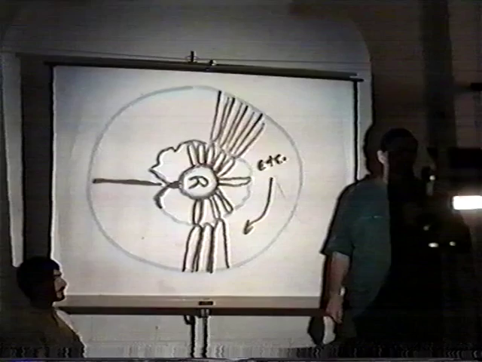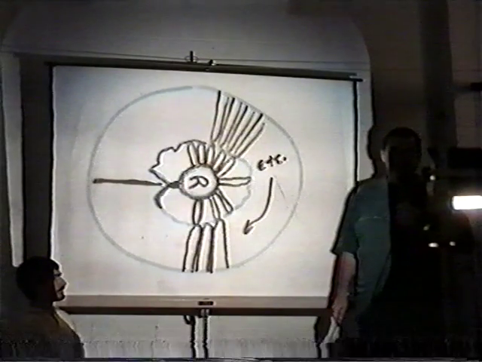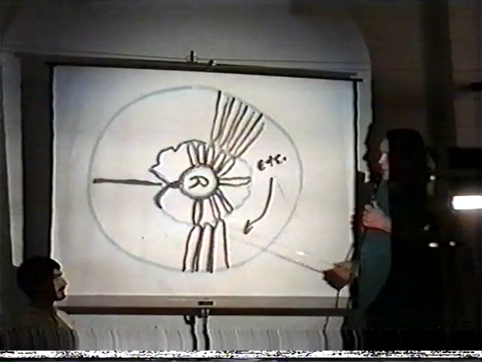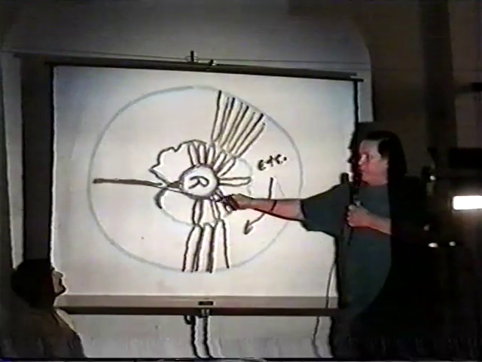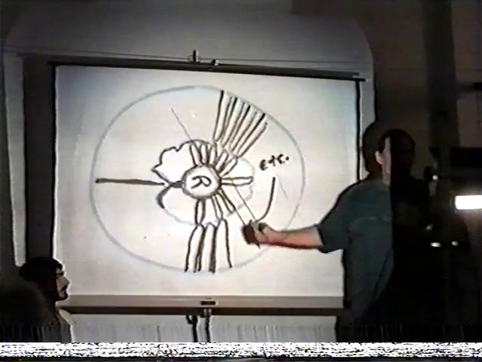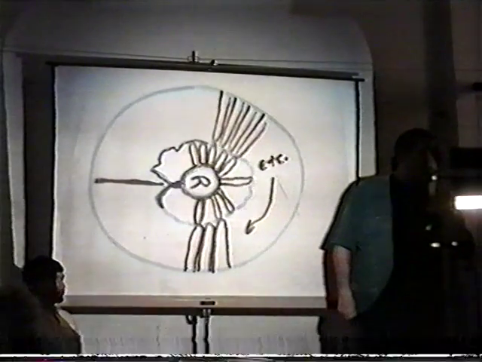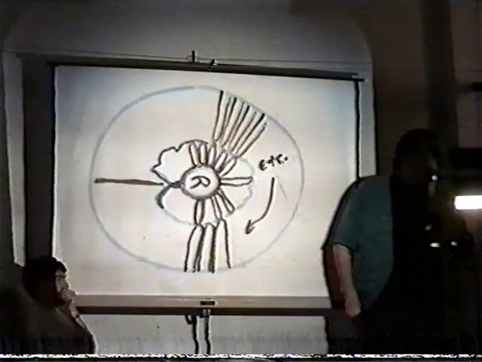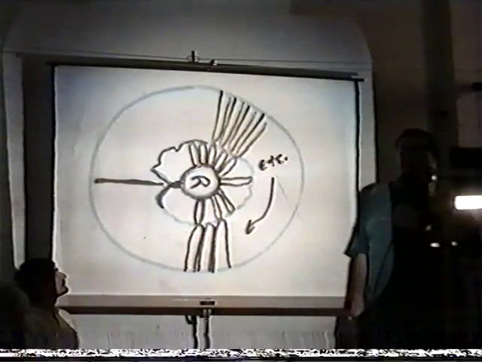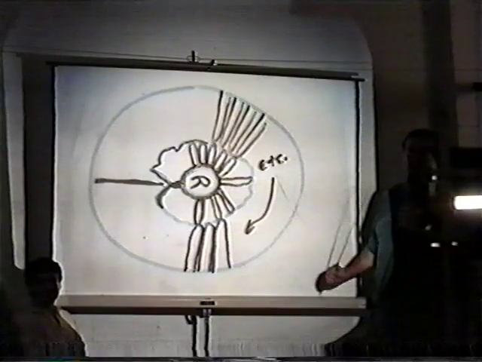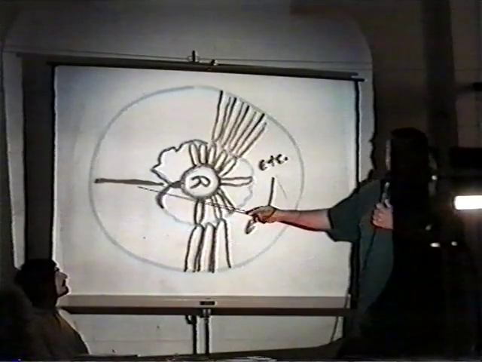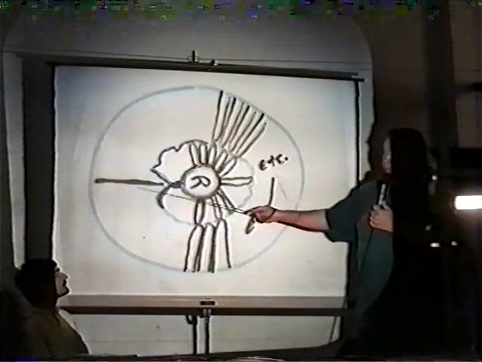It'll get shorter, and instead of being very deep, it'll get less deep until it's shallow, until it disappears entirely. And then this would represent on your iris chart the lung area, for example, maybe the lower lobe of the lung, and the problem there will begin to clear up until that stricture is gone.